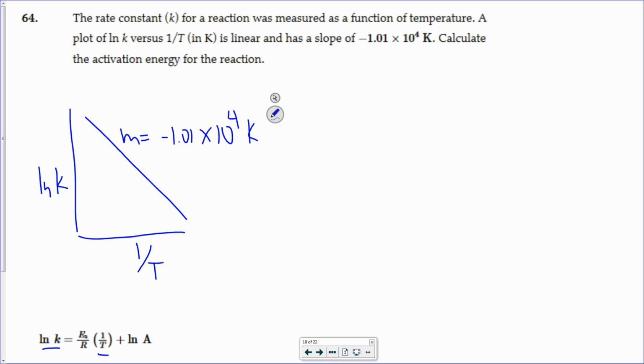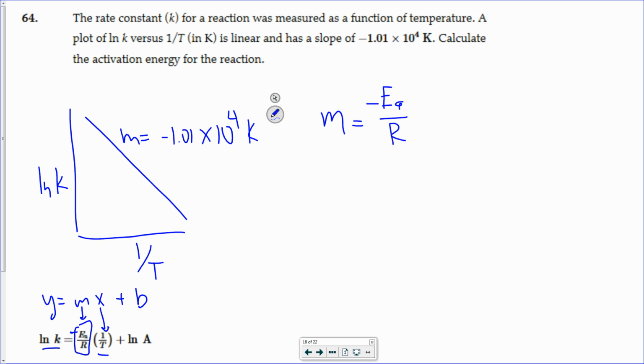So the key thing, if we look at this term, we know that if this is y equals mx plus b, we know that this is the x-axis, then this is the m. So the slope is equal to the activation energy divided by R, and it's actually a negative of that. Somehow I didn't get a negative stuck in front of that.